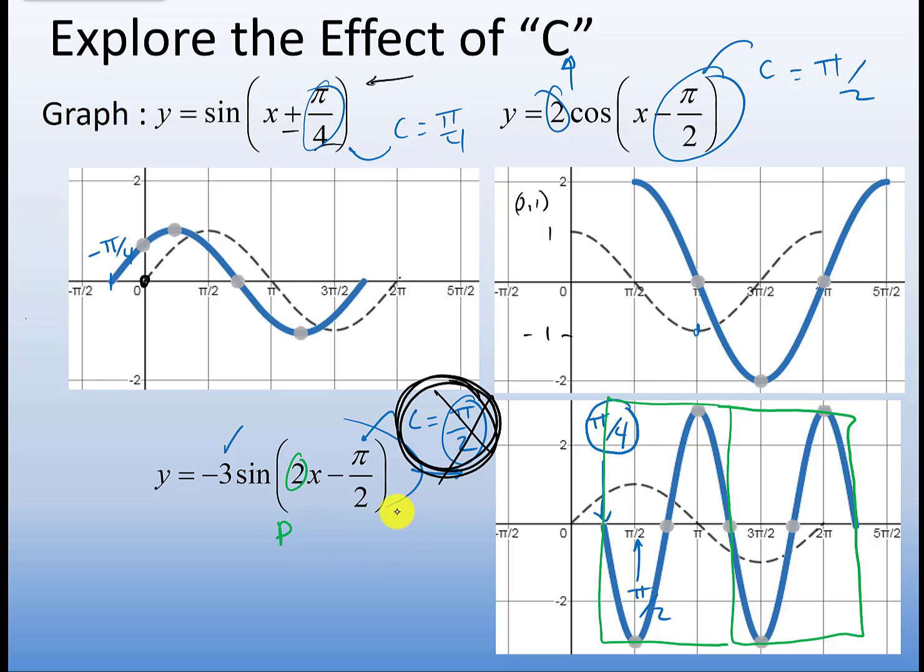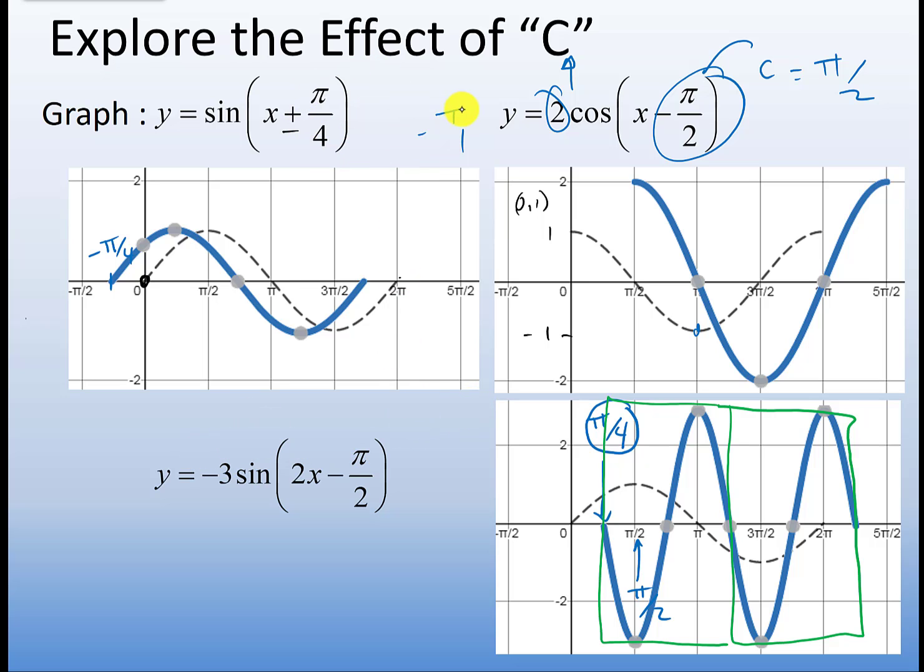If we want to compare these 2 equations, we have to realize what made these first 2 nice. They were easy shifts here because x was by itself and x was by itself. If you have x by itself, then you've got the shift number. That will be your horizontal shift.